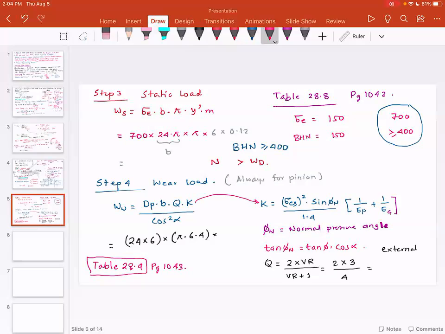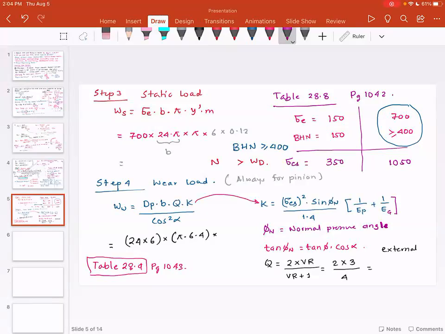Now, I want you, if you have not done already, please look at the table 28.9. And then you will notice, and I will show you what that means. Is sigma ES. Please note, sigma ES is different than sigma E. Goes from 350 all the way to 1050.